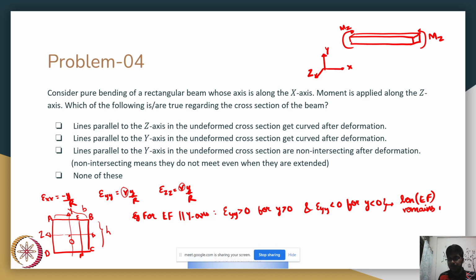The easiest way to go about this is simply to integrate epsilon yy into dy. That should give you the change in length of EF. That change in length of EF comes out to be 0. Therefore, if you take a line parallel to y-axis in the undeformed cross section, it remains the same.